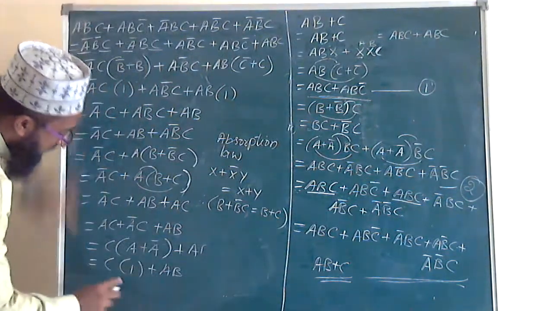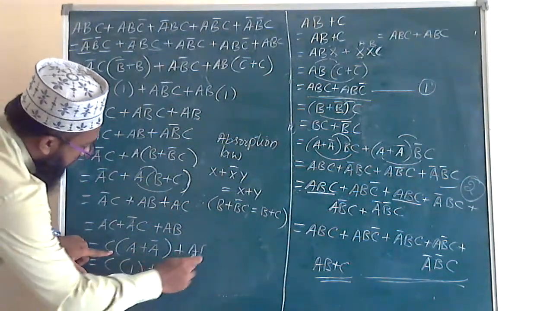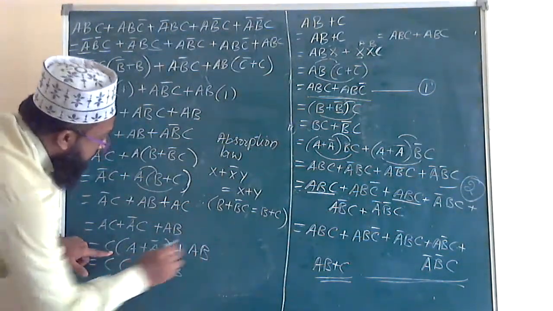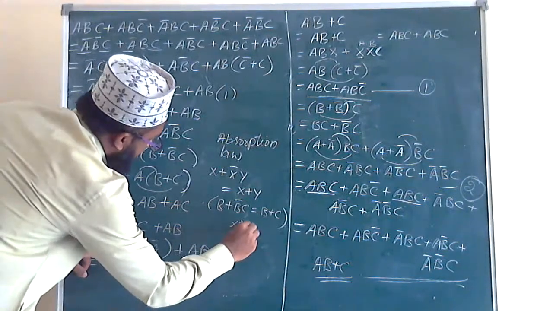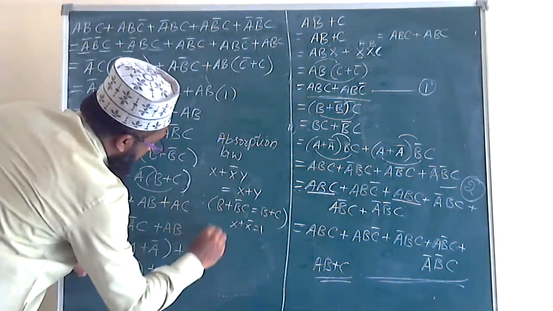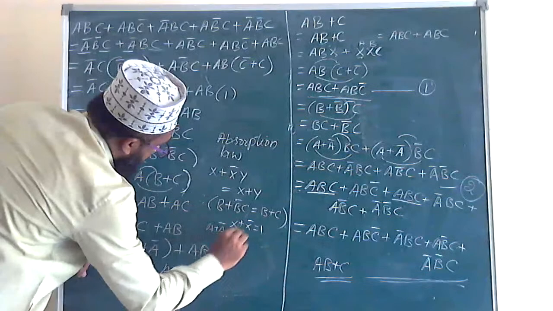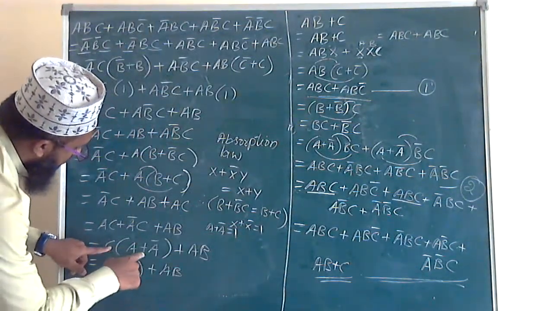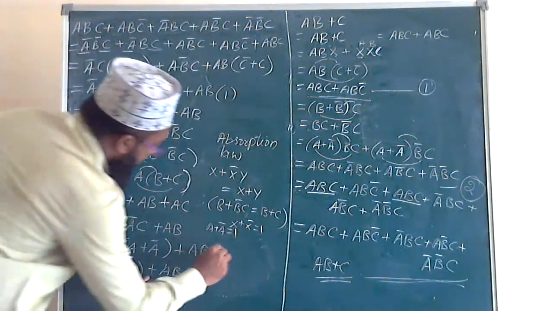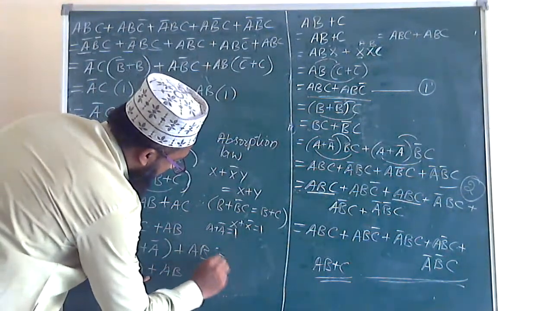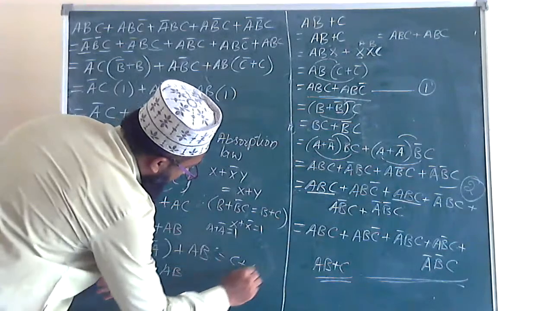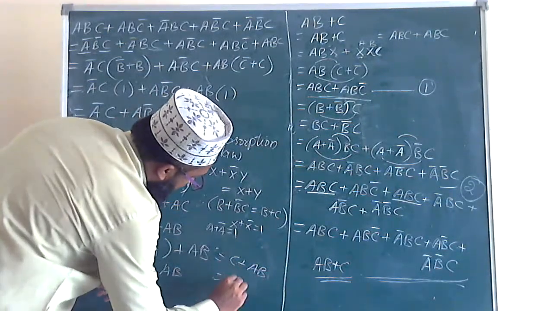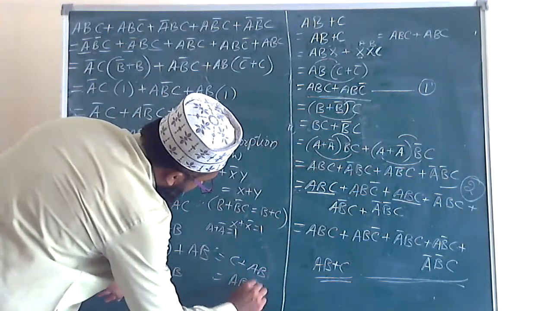See here, A plus A bar is equal to 1. So C into 1 plus A B is equal to C plus A B, that is equal to A B plus C.